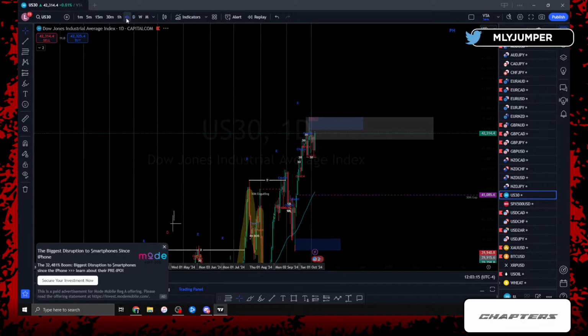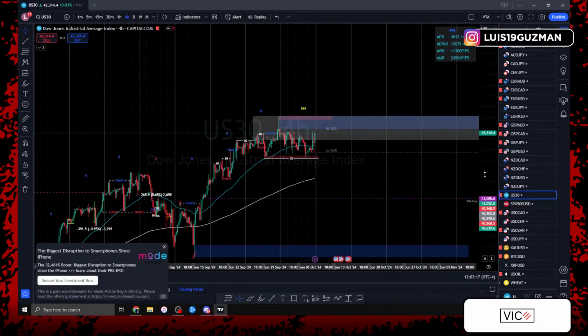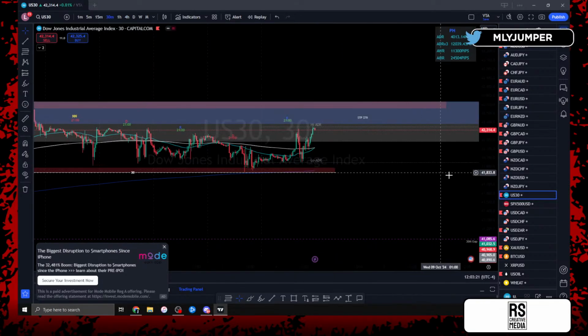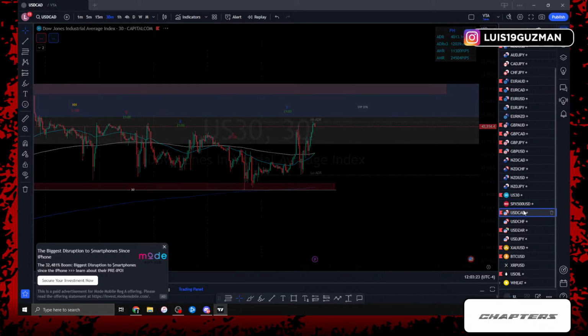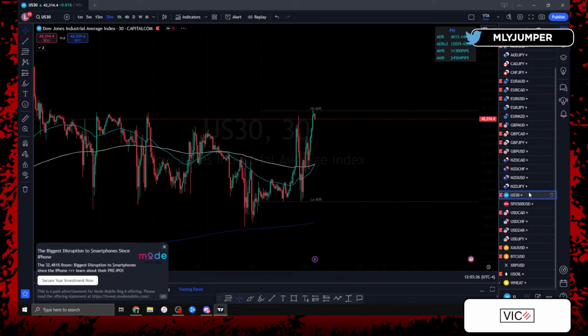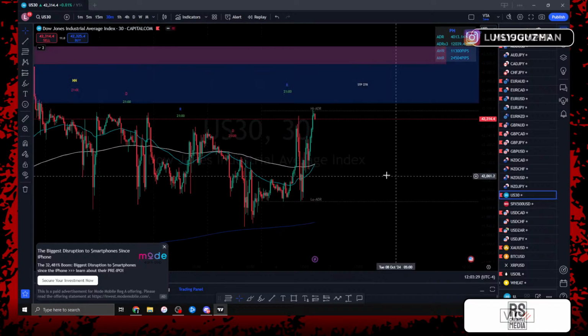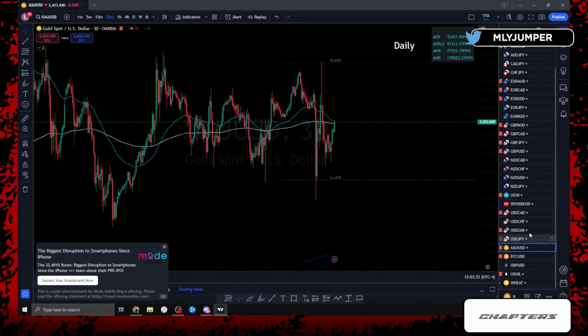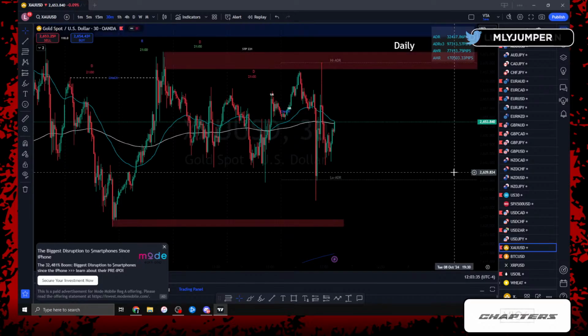We're going to continue this internal higher high and higher low that we have. So this is where these correlations between these pairs, you've got to start using them to your advantage. So we'll see. We had a lot of news for this week, so that's also something that went into consideration with a lot of these pairs.